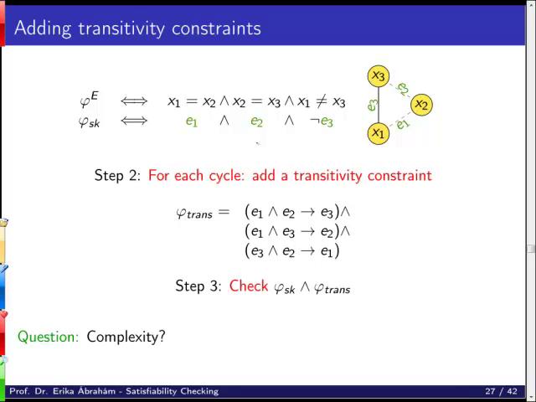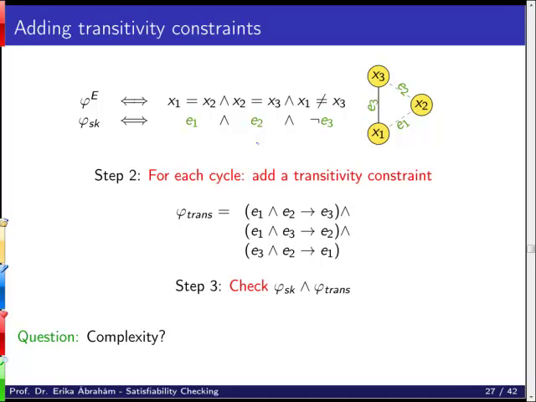Good. But still, what is the complexity of this transformation? Note that for each cycle, we do this. You can still say each contradictory cycle, because the non-contradictory, so the satisfying simple cycles, we also already removed by reduction.